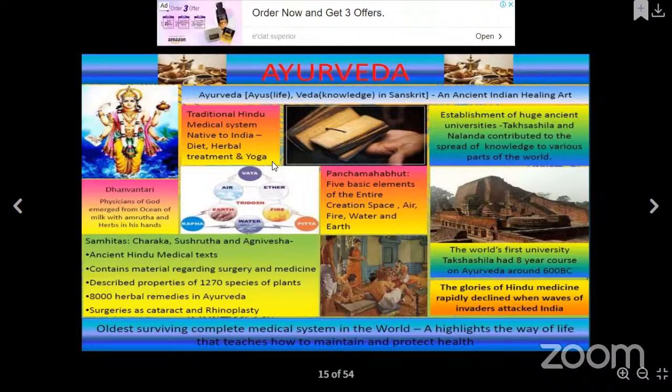People suggest Ayurveda, like Ramdev Baba, who does yoga and uses herbal medicine and a plant-based diet.